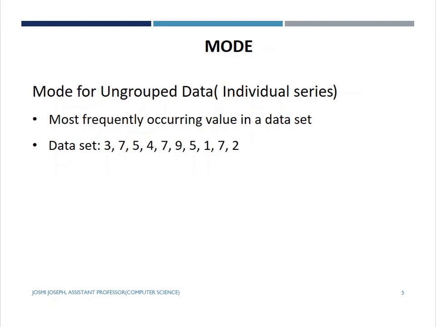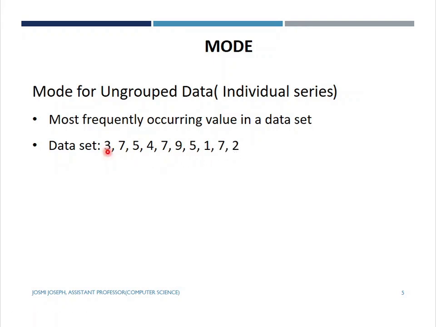For example, given the data set 3, 7, 5, 4, 7, 9, 5, 1, 7, 2, you count the number of occurrences of each value. 3 occurs only once, 7 three times, 5 two times, 4 only once, 9 once, 1 only once, and 2 only once.